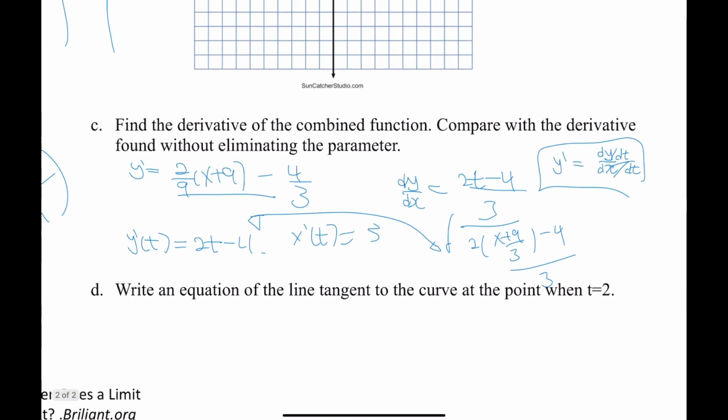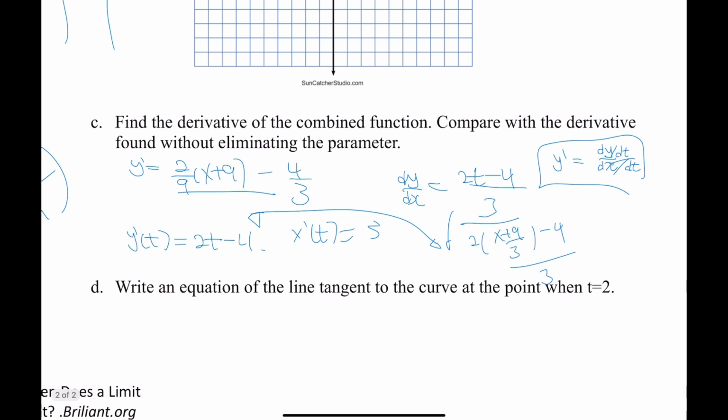And then write an equation of the line tangent to the curve at the point when t equals 2. Okay, so obviously there are multiple ways to do this, but I think the easier way, since we already found dy over dx, is to use (2t minus 4) over 3. So dy over dx when t is equal to 2 would be 0, right?